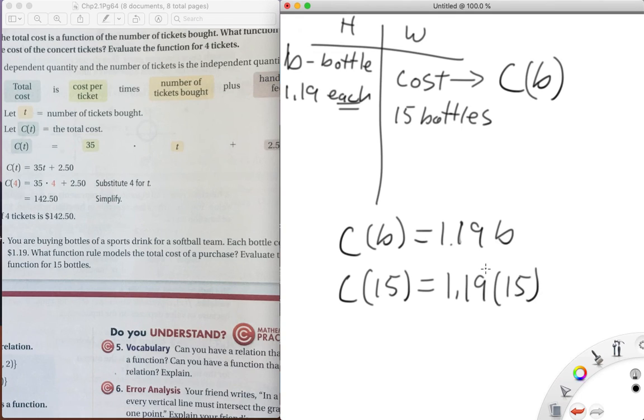And that gives me a number. Actually, the cost of 15 bottles is equal to $17.85.